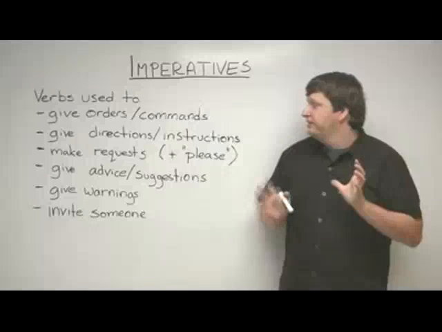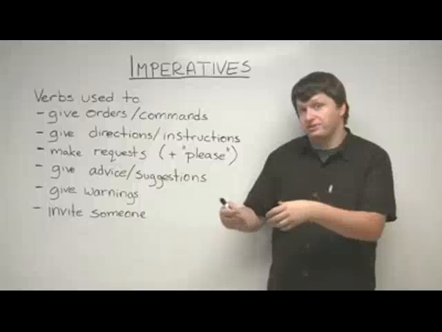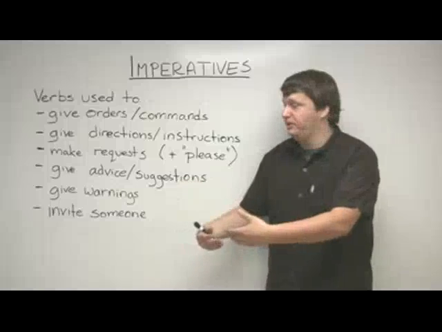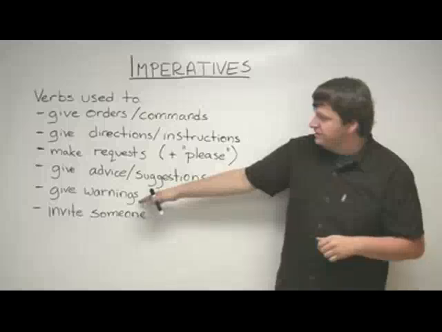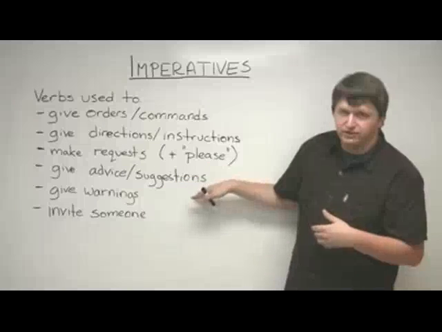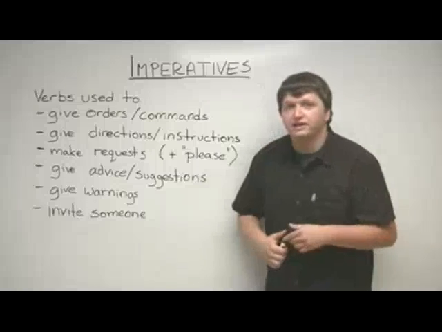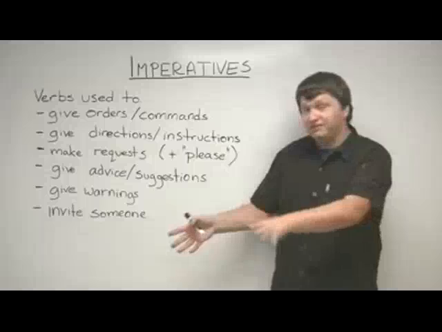Okay, I'm giving advice or suggestion. Okay, I'm saying don't cross the street. Otherwise, you might get hurt. Okay, you can also give warnings. So this is kind of similar, essentially. Okay, do not touch. Essentially, do not touch the oven. Okay, you're giving a warning.